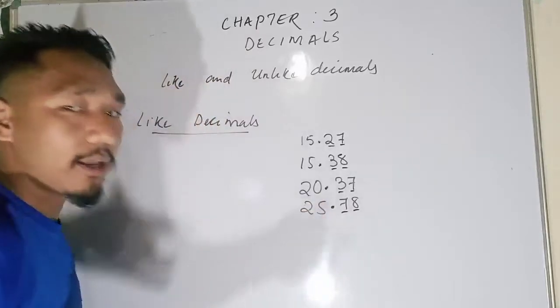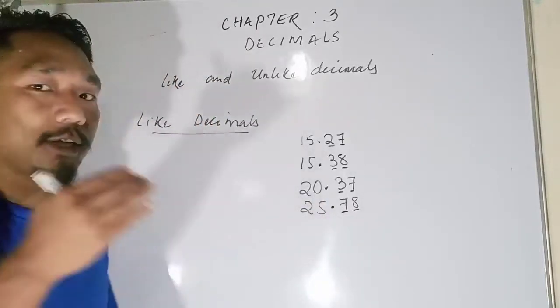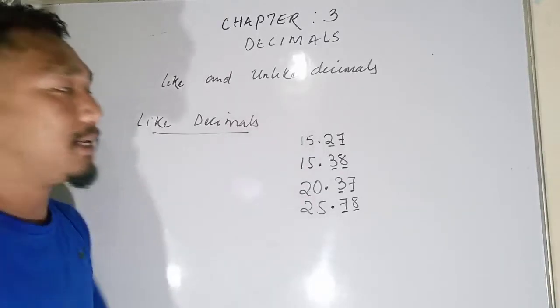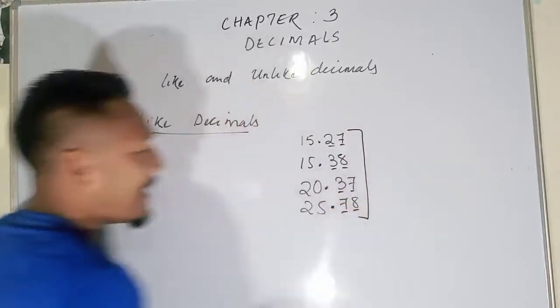That means if the same number of decimal places are present, such numbers are considered like decimals.